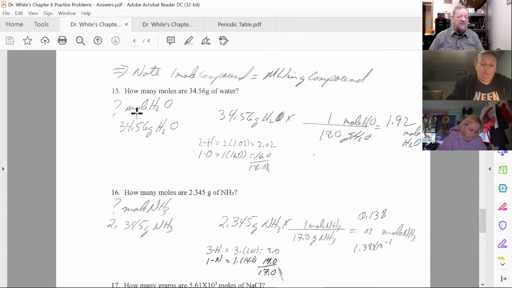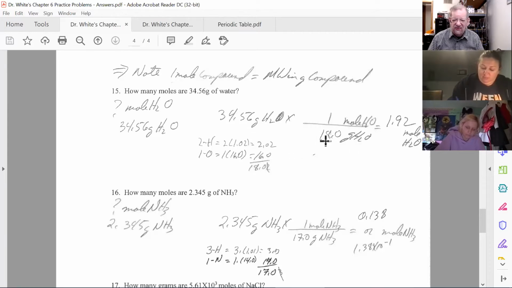So I'm trying to find moles of water. I'm given grams of water. This is what I have to start with. What units do I want my answer in? Moles of water, right here. So using your good buddy, your good friend, unit analysis, whatever you're trying to get to goes on top. Whatever you're trying to get rid of goes underneath.